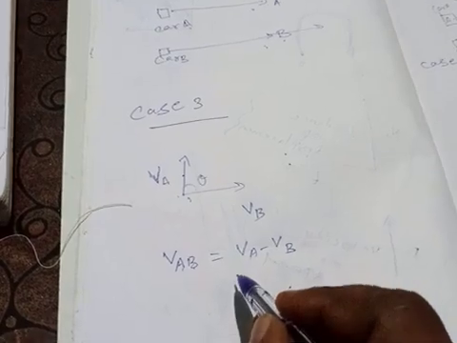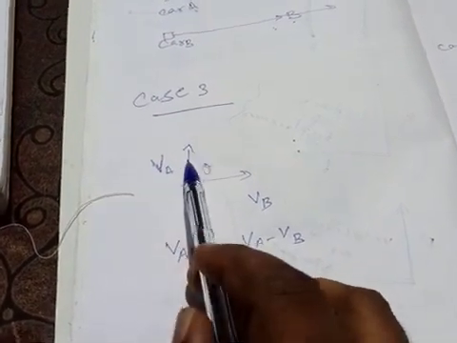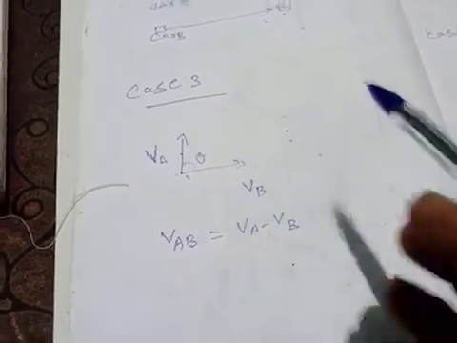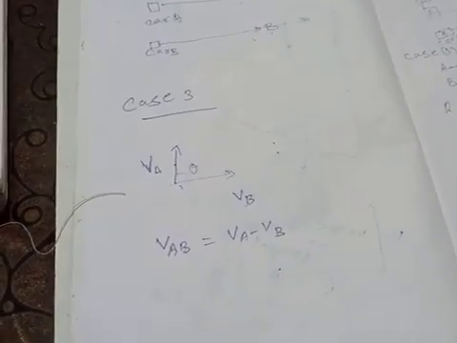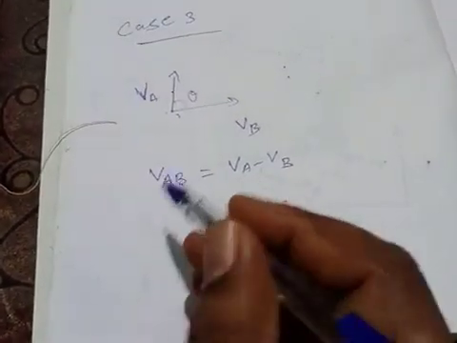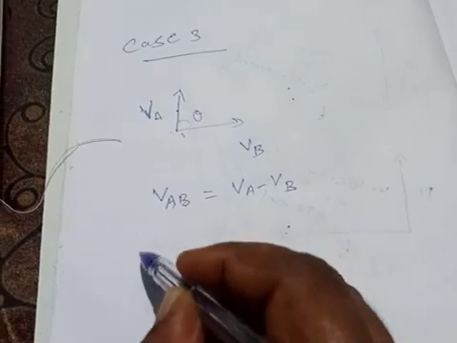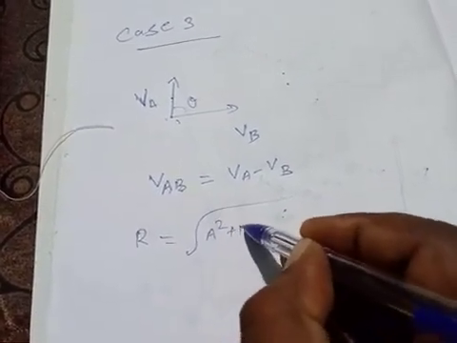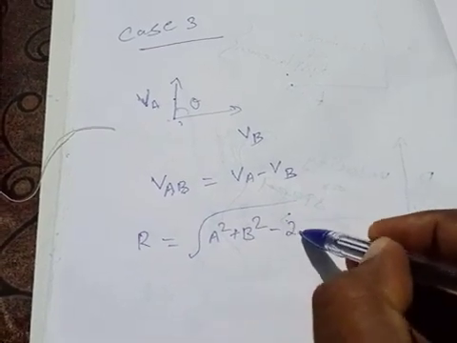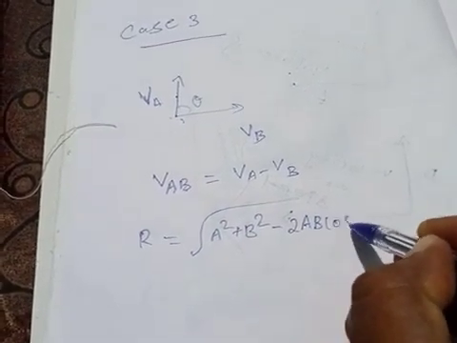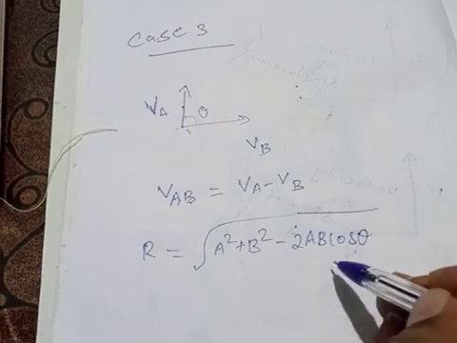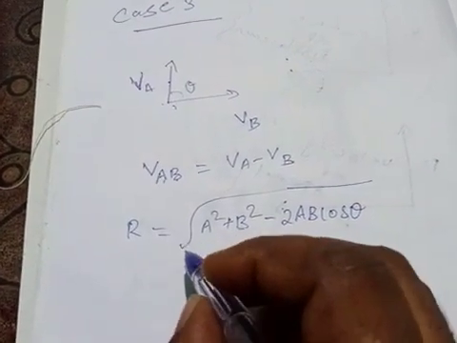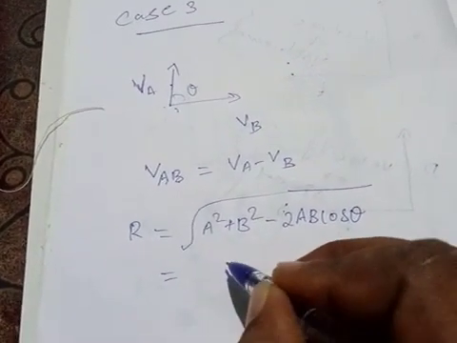Now you have to find the magnitude also, because here it is making an angle theta. Magnitude means, we know that in the triangle law of addition you have found R equals the square root of A squared plus B squared minus 2AB cos theta. Here also you have to apply the same.